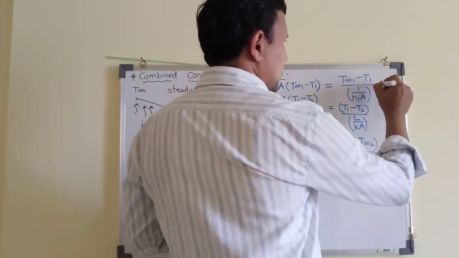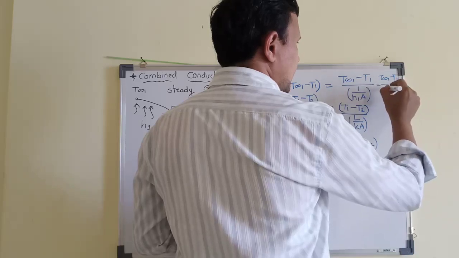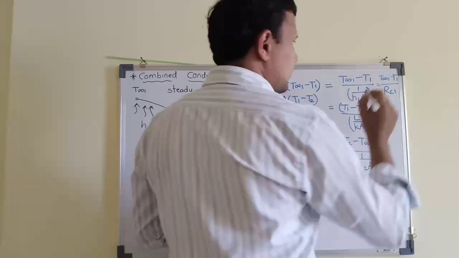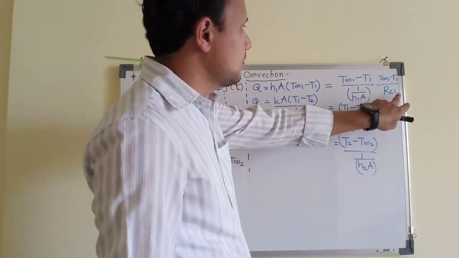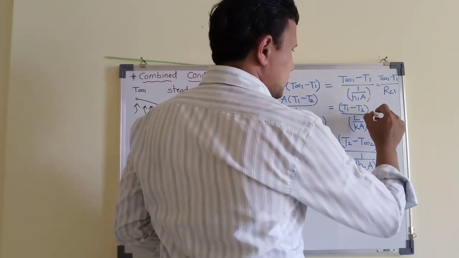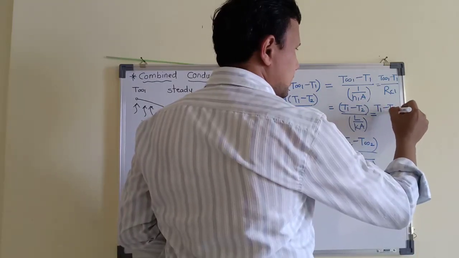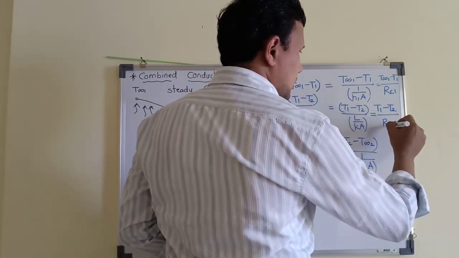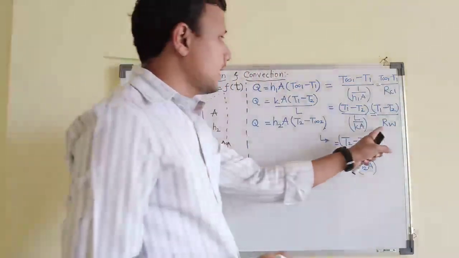So this is equal to T infinity 1 minus T1 divided by convection resistance. We will indicate it by symbol RC, so this is RC1. This is conduction resistance for a plain wall, so we will indicate this like RW. If we come across a cylinder, we will indicate by R cylinder.